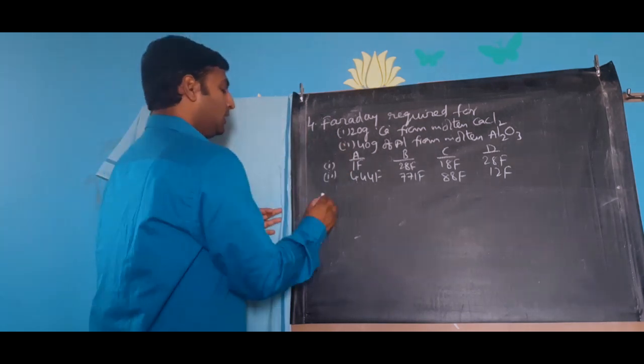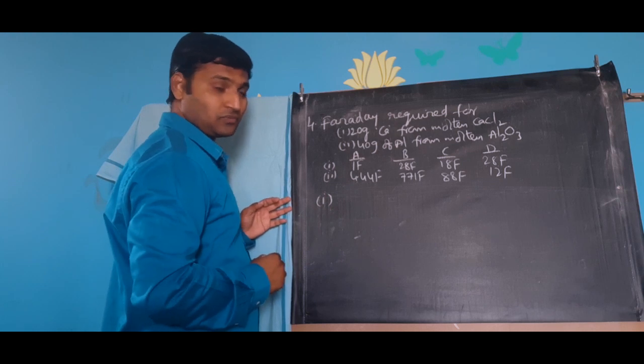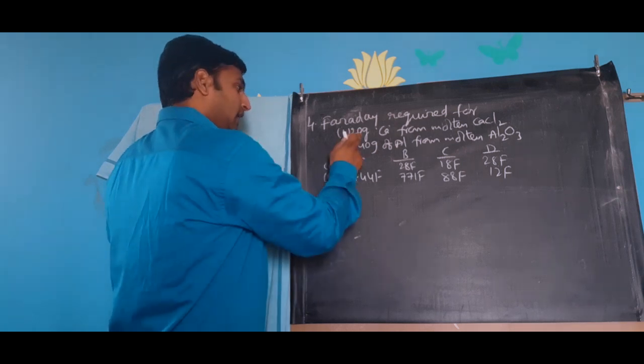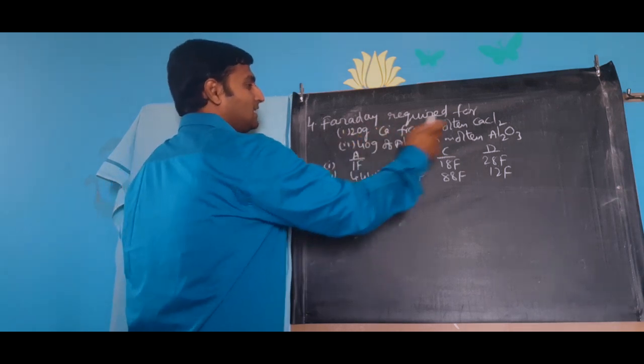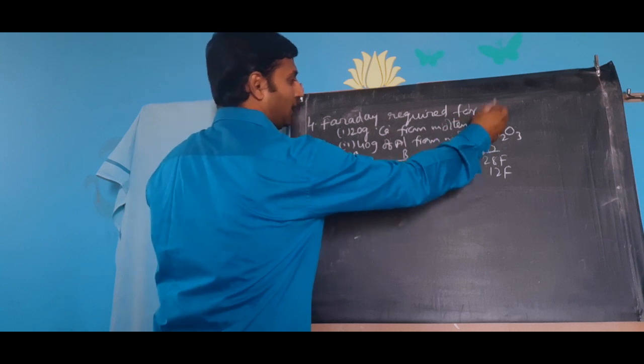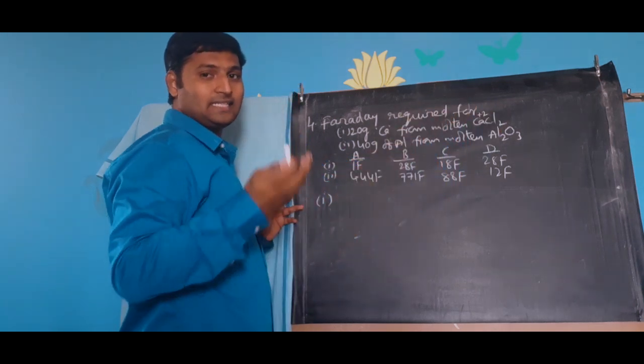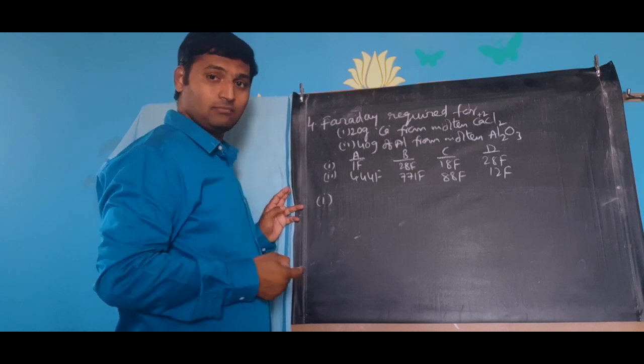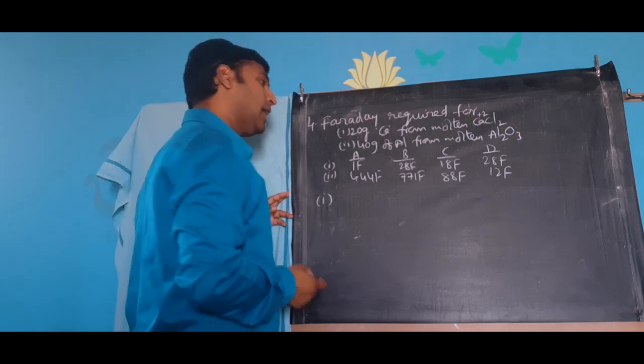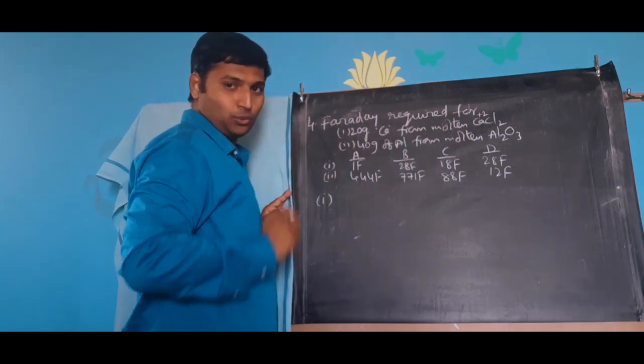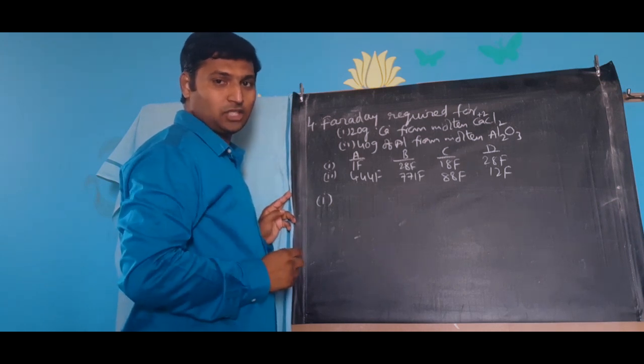Let us see. I would like to solve the first one now. Observe here. What is the valency of calcium in calcium chloride? Of course, it is +2. It is an alkaline earth metal. Their oxidation states are +2. Now, its valency is 2. It takes 2 electrons to become calcium metal.